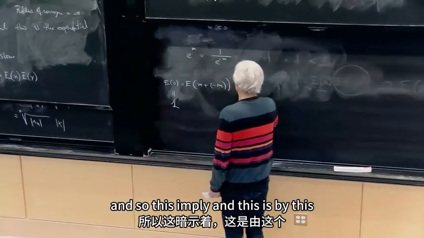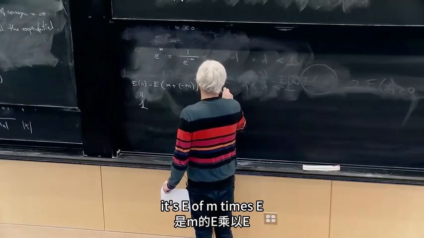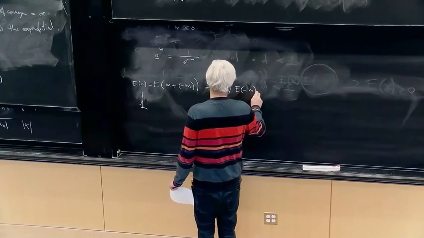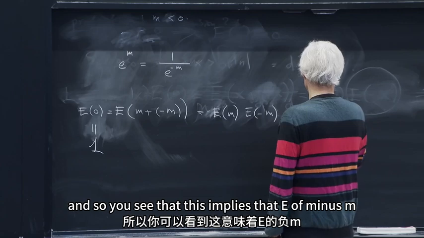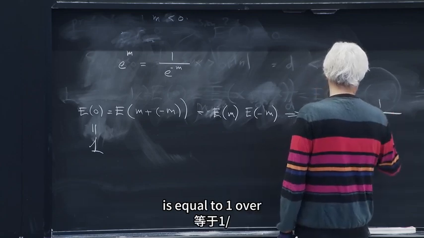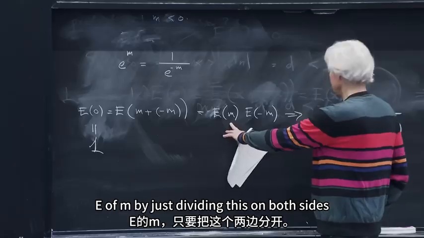And so this implies, by that relationship over there, it's E of m times E of minus m. And so you see that this implies that E of minus m is equal to 1 over E of m by just dividing on both sides.